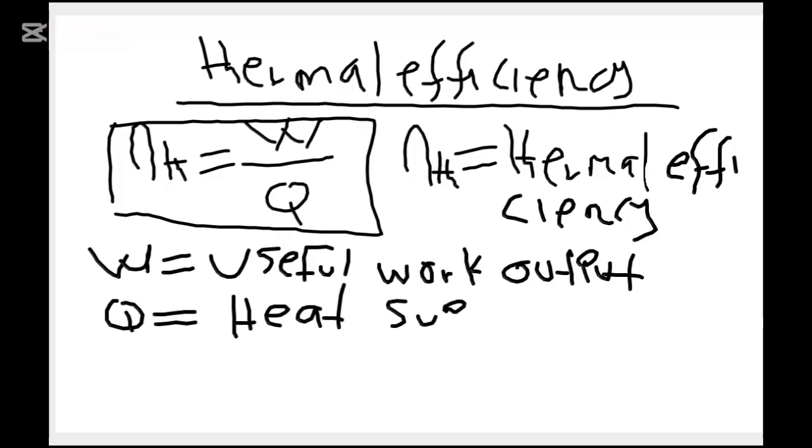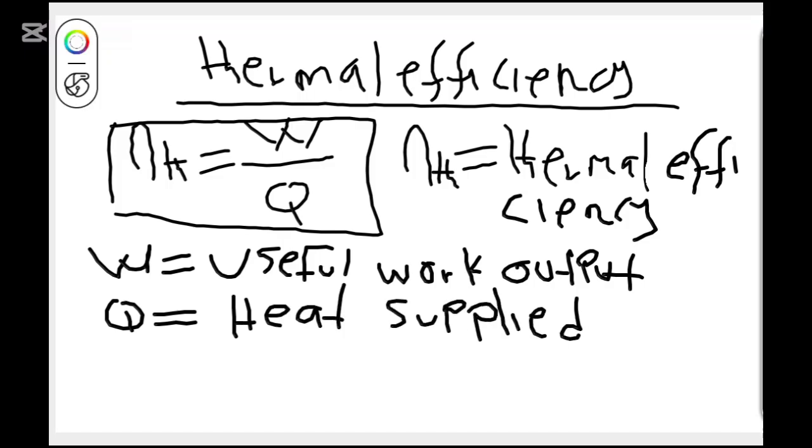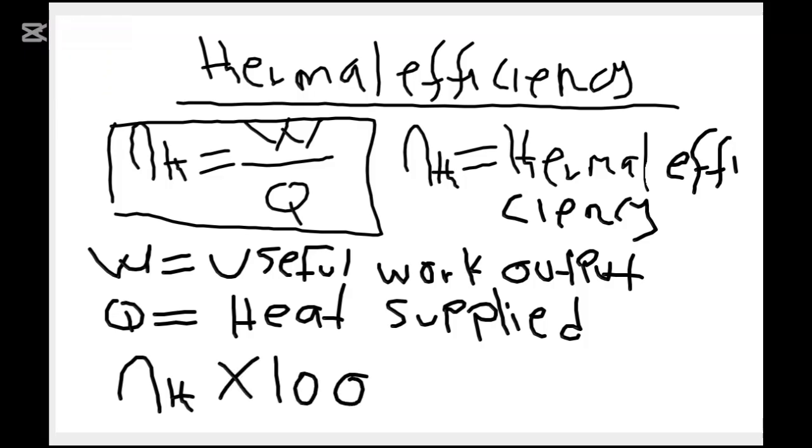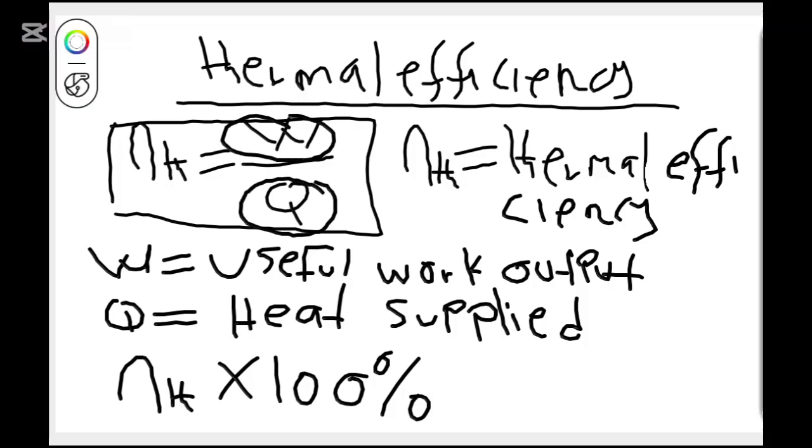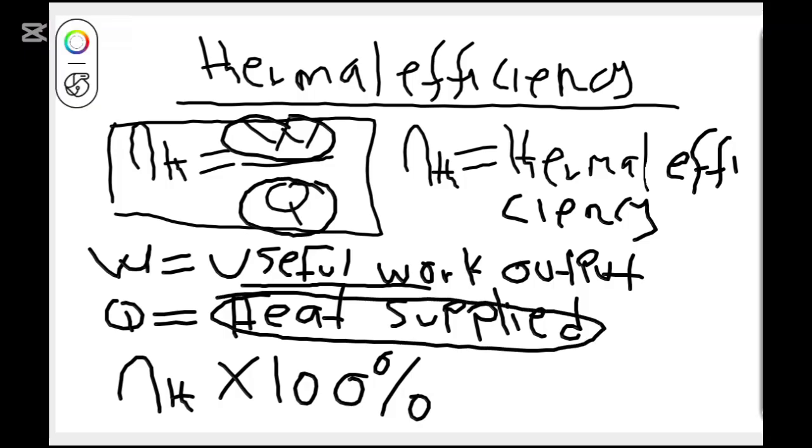To convert to a percentage, the thermal efficiency is multiplied by 100%. What I mean by that is that at the end, if you have the value of the useful work output and the value of the heat supplied, you divide the useful work output by the heat supplied. After dividing, the answer that you get, multiply it by 100.